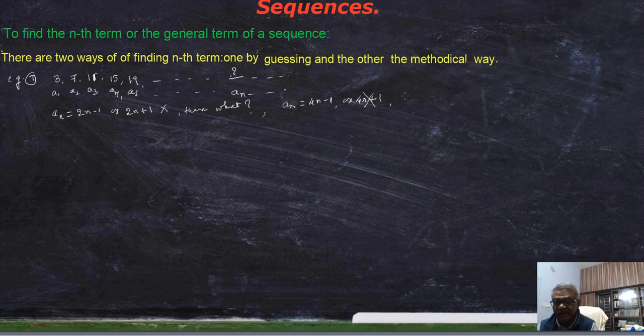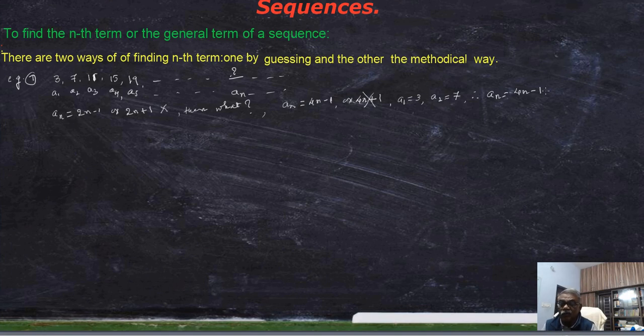That is, here a1 is equal to 3. And what about a2? For n is equal to 2, 4 into 2, 8 minus 1, that is 7, and therefore the nth term is 4n minus 1. This we have done by guessing.